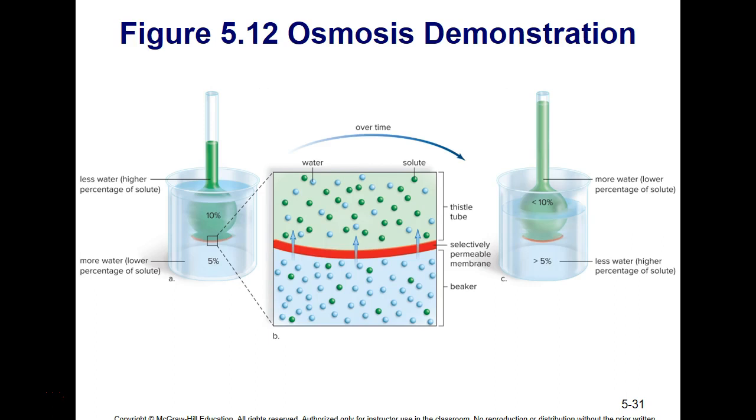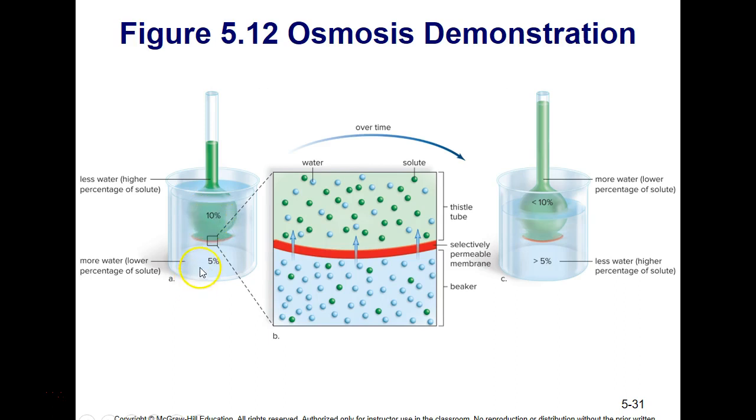To simplify this, forget the book. Here you have more water and less of, let's say, sodium chloride or salt. Inside of your thistle tube, you have less water, but you're going to have more what?